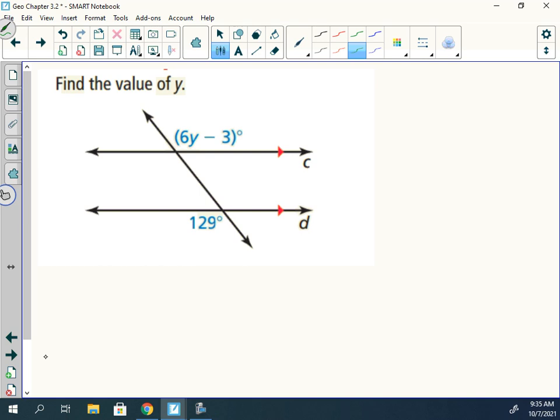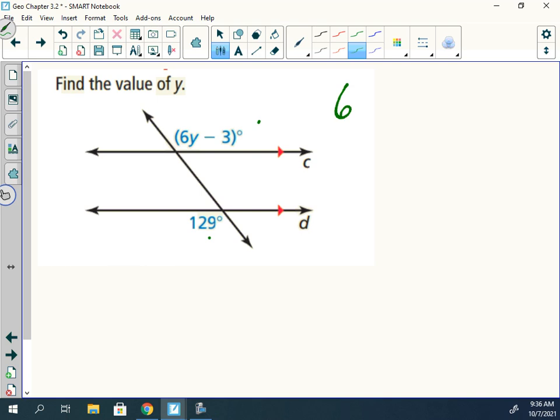Two more. So we look at these two here, so 6y minus 3 and 129. These are alternate exterior angles. So they are congruent, so they are equal. Because alternate interior and alternate exterior, we said that these two angles are congruent.